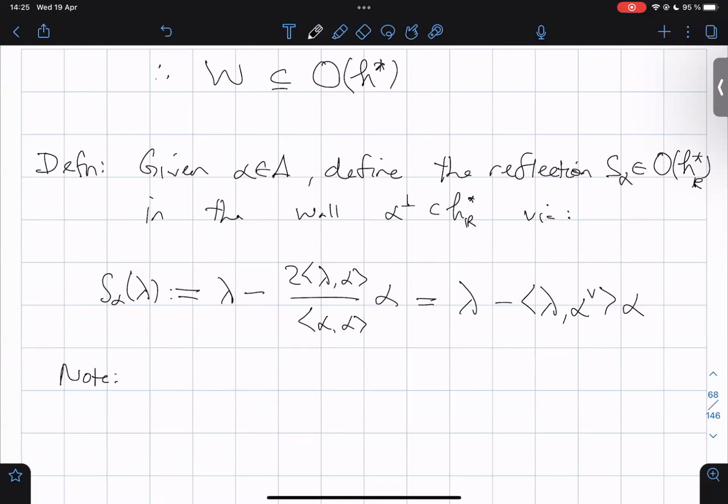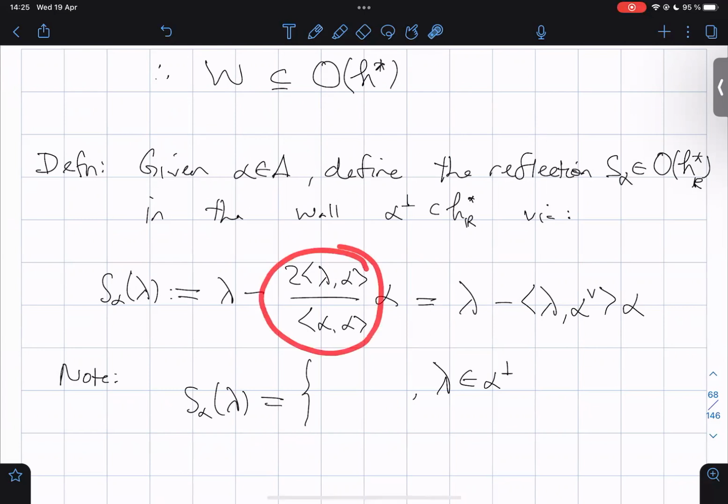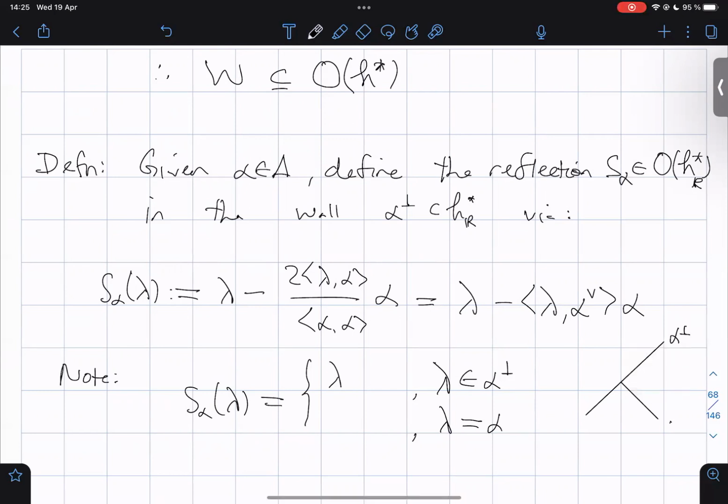So if you're a little bit rusty on this formula, let's just double check that it satisfies the right conditions. So we have alpha and then the perpendicular to alpha, alpha perp. If I take lambda lying on this perpendicular, what is this doing? Well, it's doing nothing, this is 0. On the other hand, you should have this picture: you have alpha perp, and you have alpha.